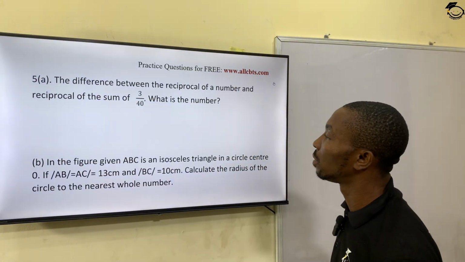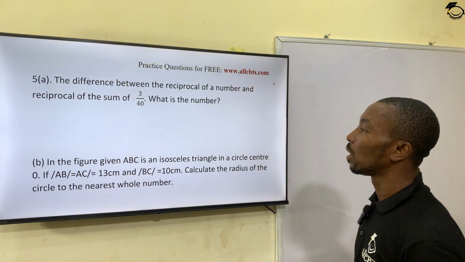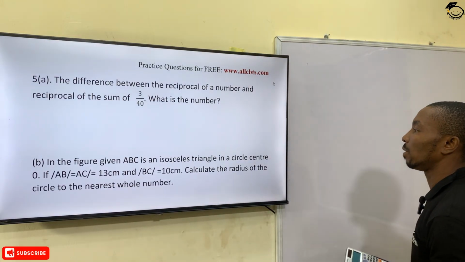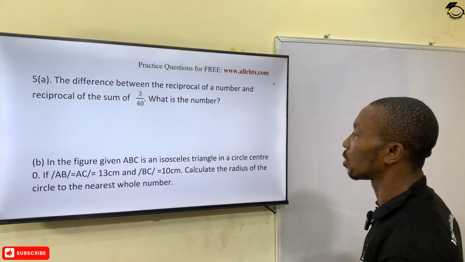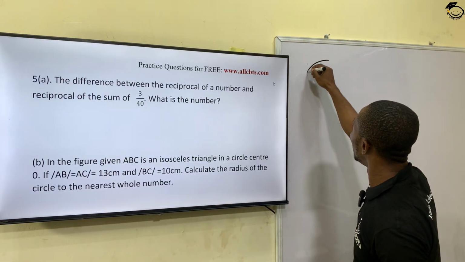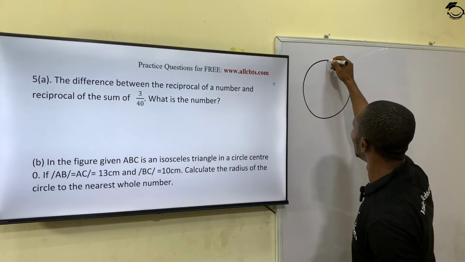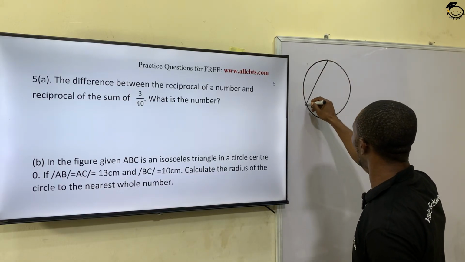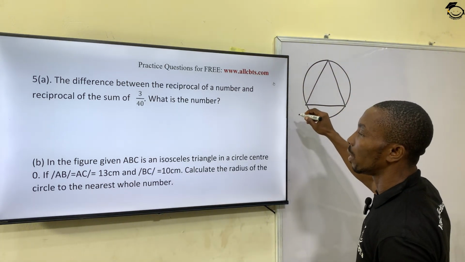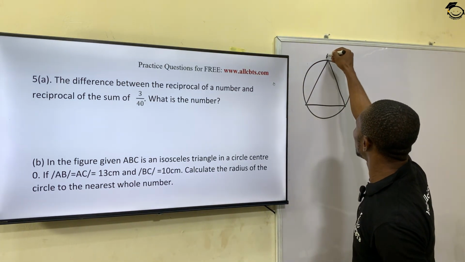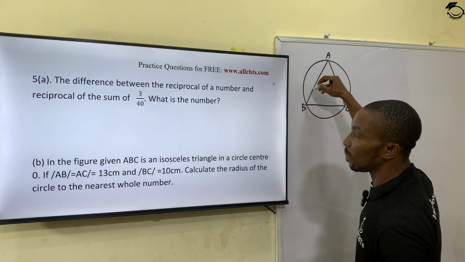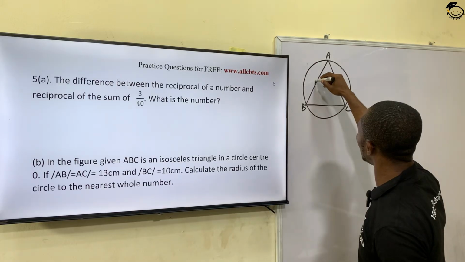In the figure, ABC is an isosceles triangle inscribed in a circle of center O. Now, we have a circle, we have a triangle A, B, and C. So AB is equal to AC.